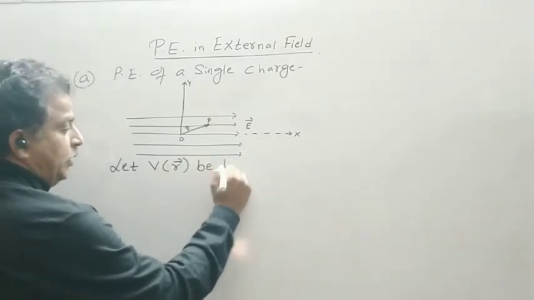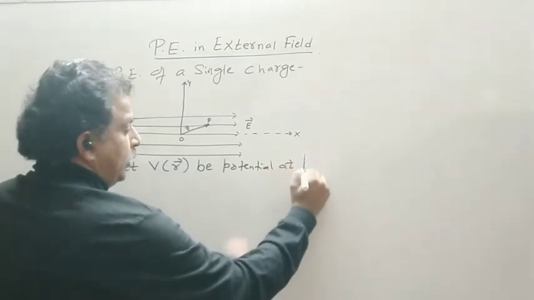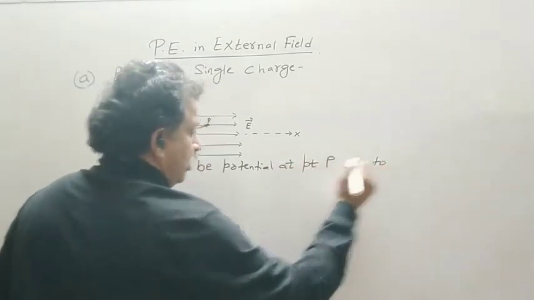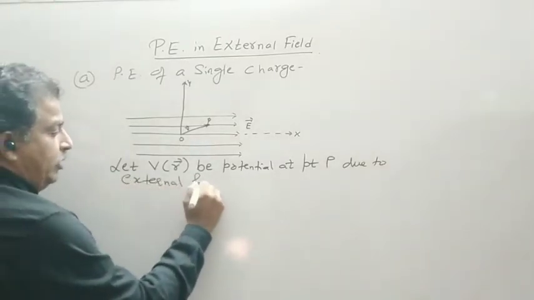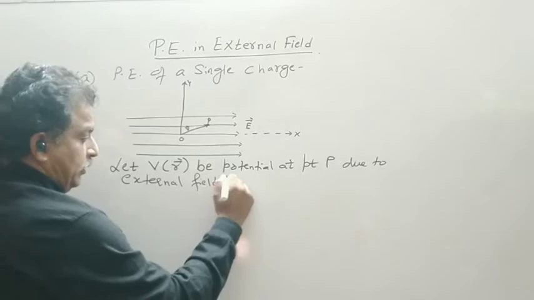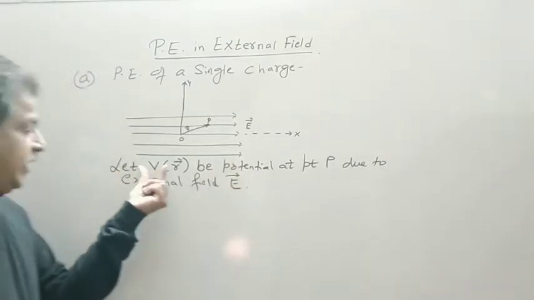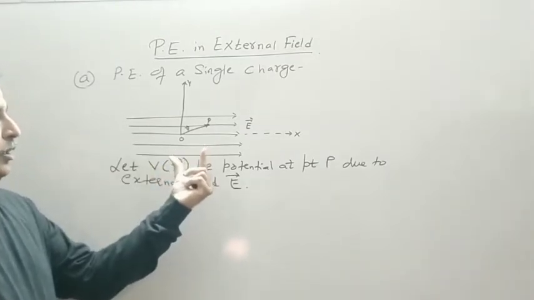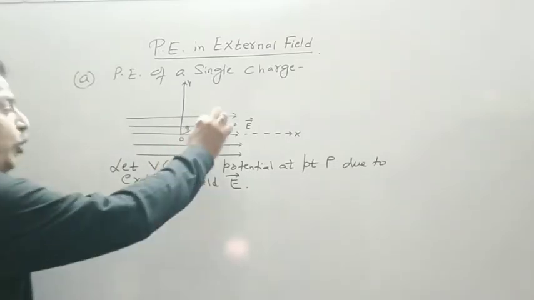So V of R means the potential, or the work done to bring a unit positive charge to point P.